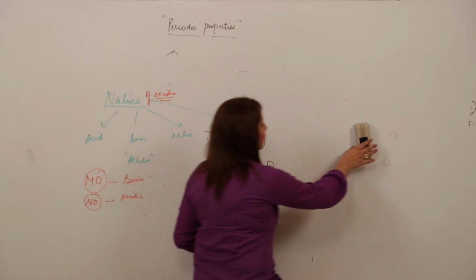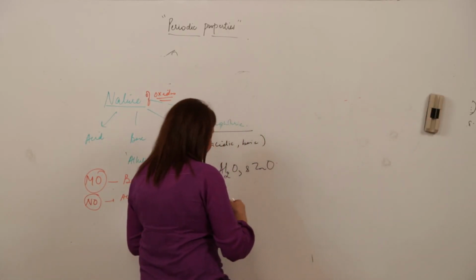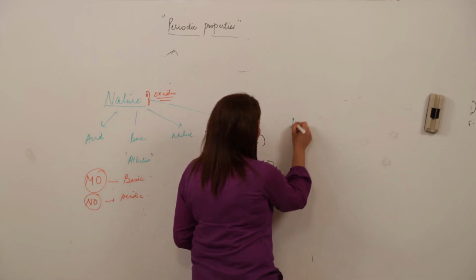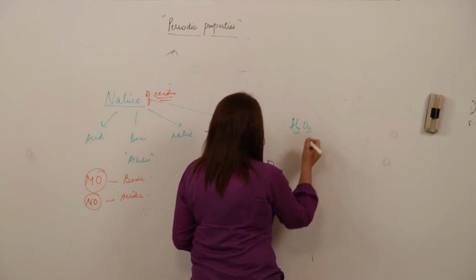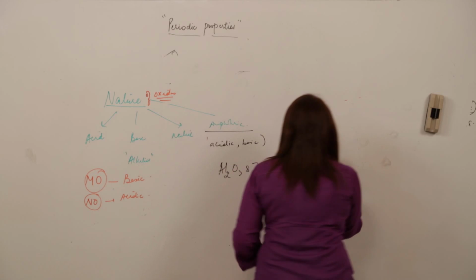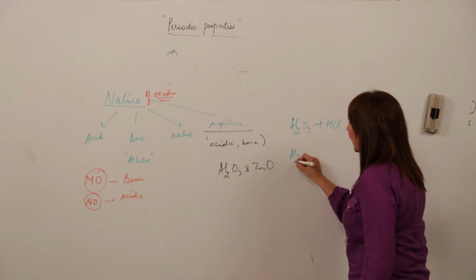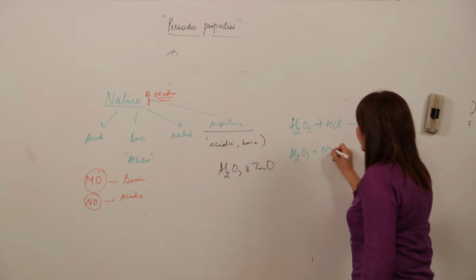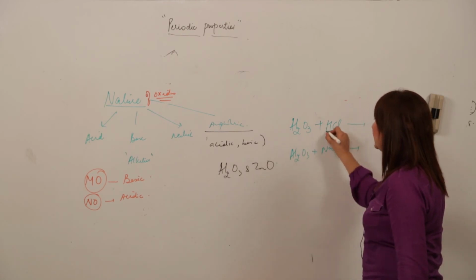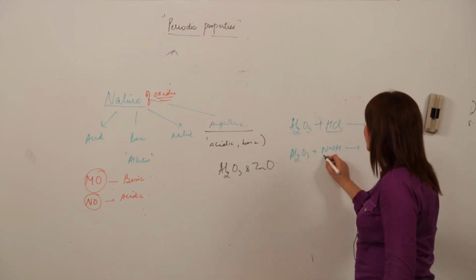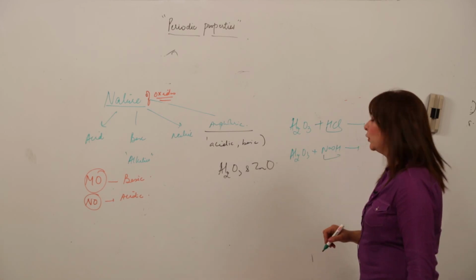To simplify, I am giving an example. It's not in your syllabus, but just to make you know how it reacts. Suppose I take Al2O3 and react it with an acid and also with a base: a strong acid, hydrochloric acid, and a strong base, sodium hydroxide.